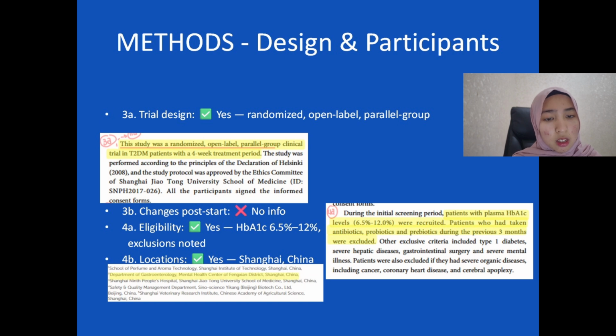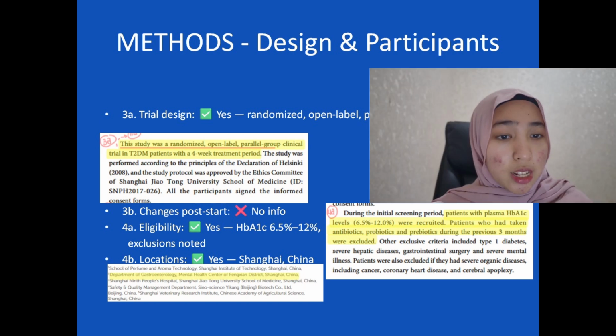Item 3B is about whether the authors made any change to the methods after the trial began. But in this article, there is no item 3B. No such changes are reported. That might mean there weren't any, but ideally it should be stated.